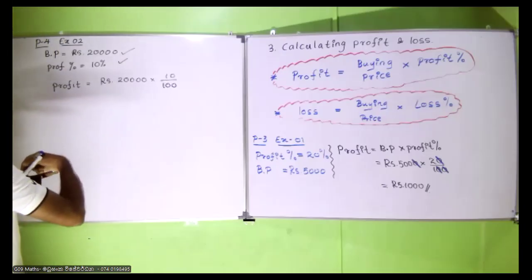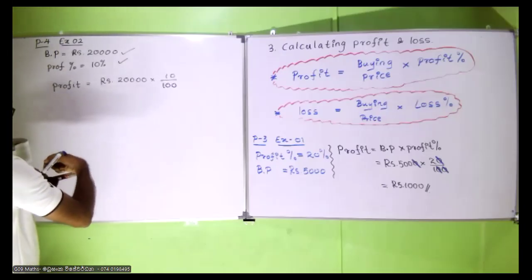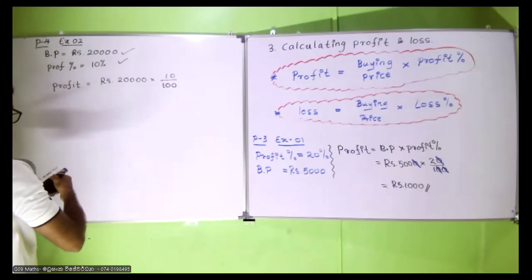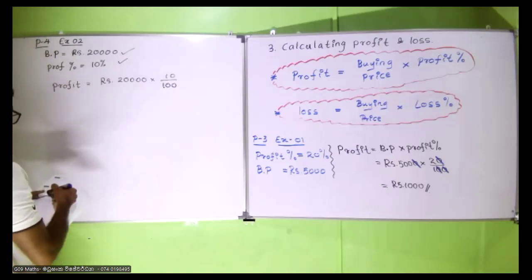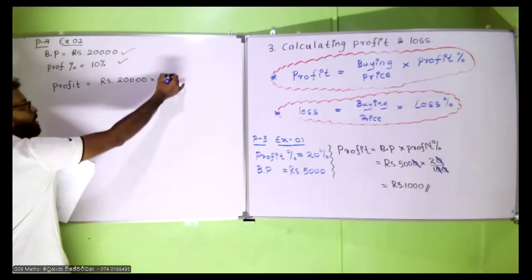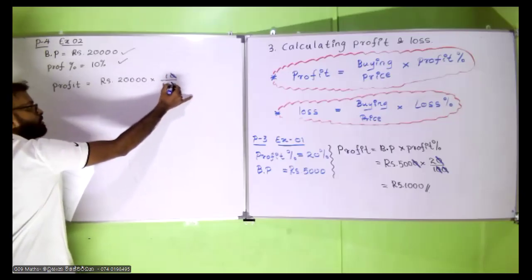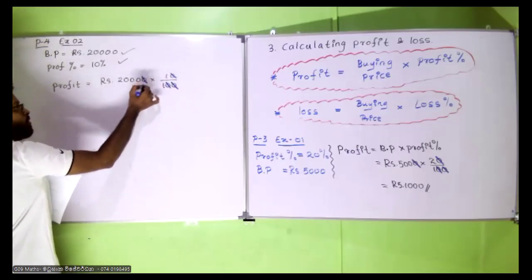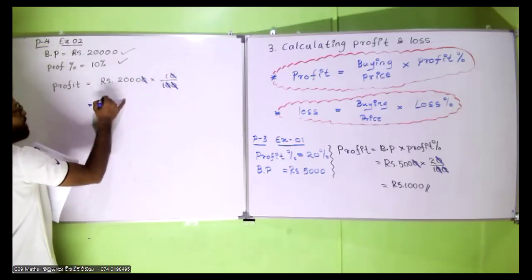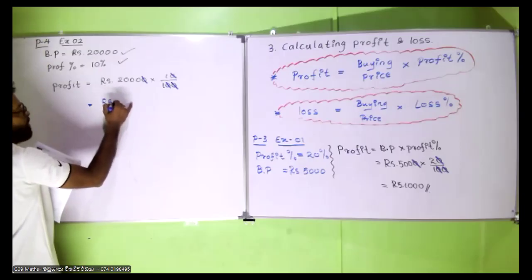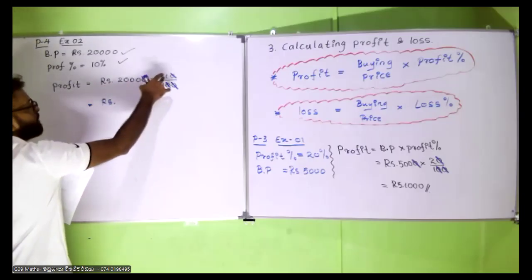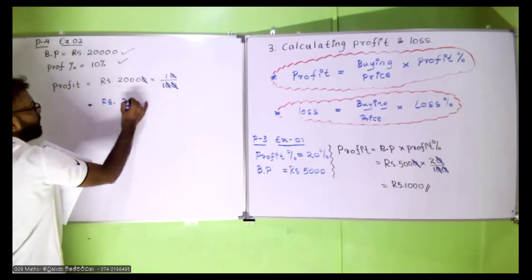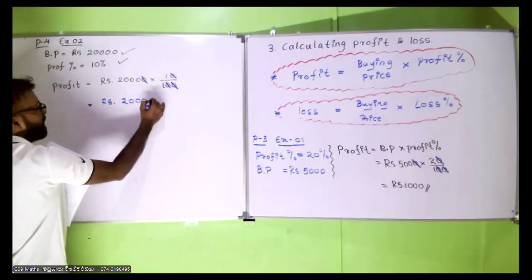Now how are we going to simplify this? Zero to zero, zero to zero. Nice. What is the answer? 2000 into 1, 2000 rupees. Your answer is perfectly correct.